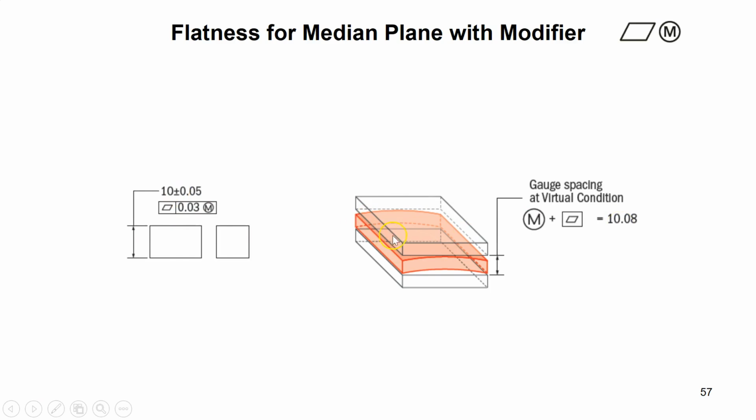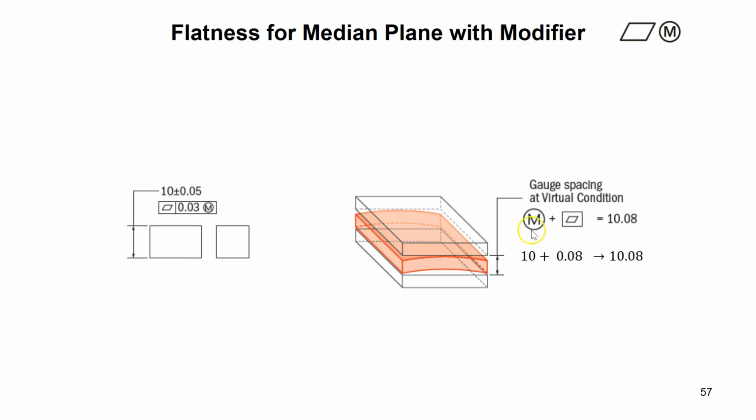Now, if I don't make my box as tall, if I make my box just 10, not 10.05, just 10, can I have the middle plane a little bit more bent? And the answer is yes. Because now this guy is not at MMC, this is only at 10. So this bending can be 0.08 instead of 0.03. This total size of the envelope or the box is fixed.